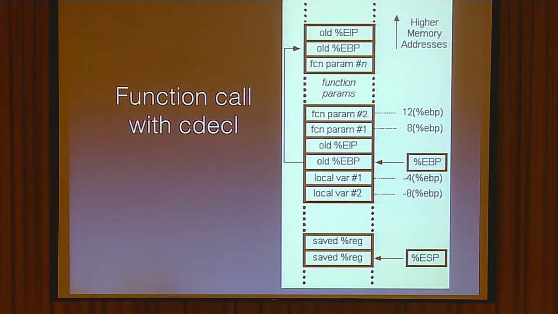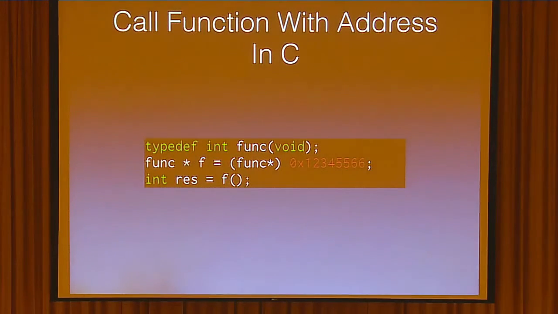But it's too hard to do this in assembly. So how do we do it in C? We can call a function by address in C by casting it to a function pointer. So you can cast the address to a function pointer.